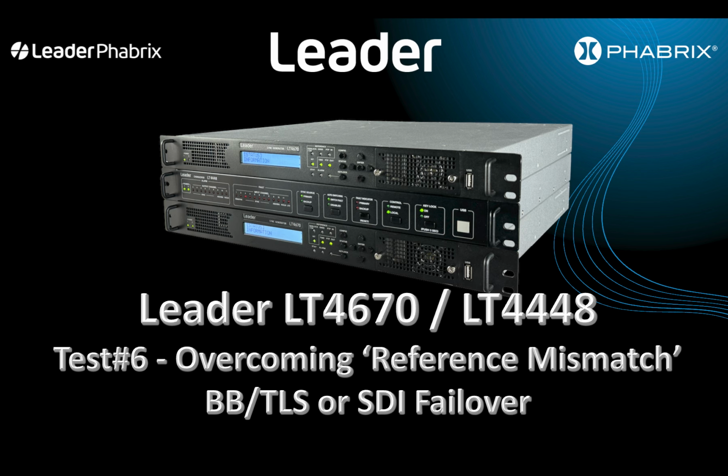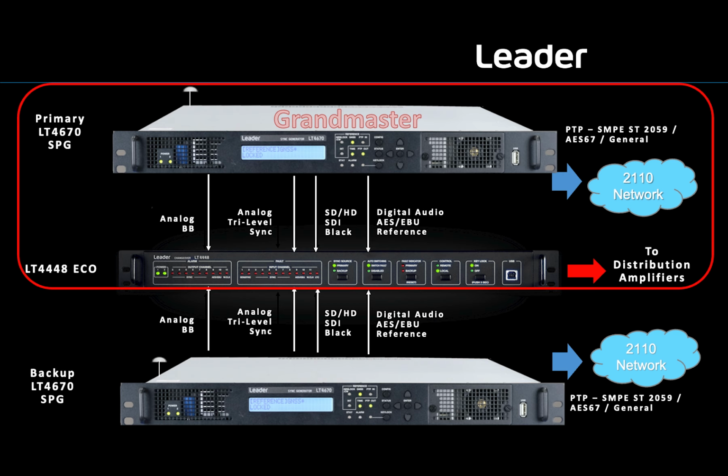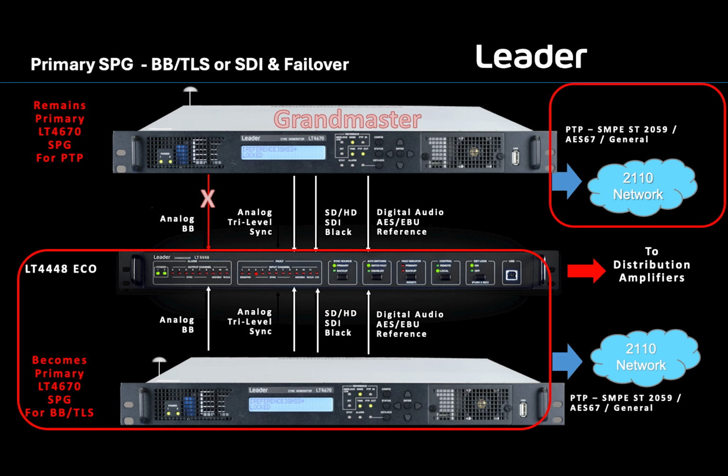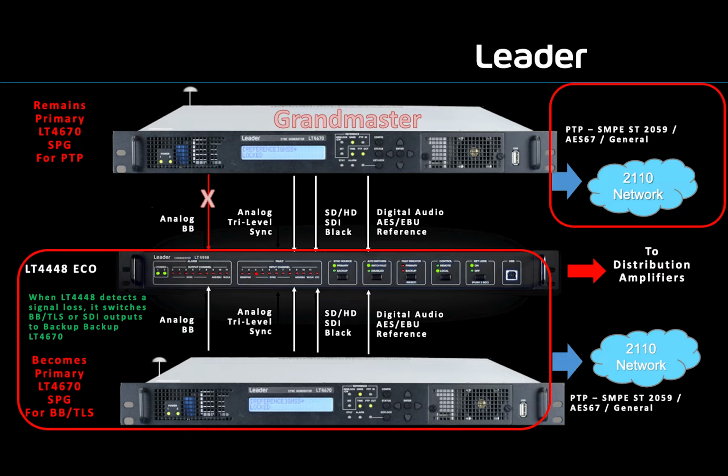Test number 6: overcoming a reference mismatch with black and burst, tri-level sync, or SDI failover. When the primary LT4670 experiences a black and burst, tri-level sync, or SDI reference output failure, the LT4448 Emergency Changeover Unit detects the fault and automatically switches to the backup LT4670.